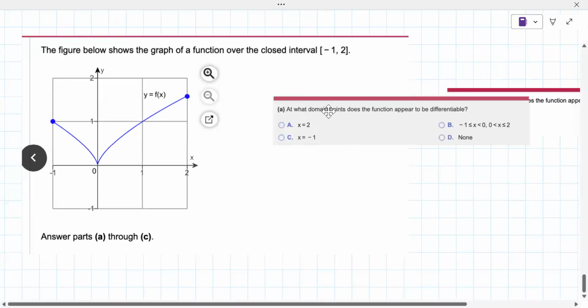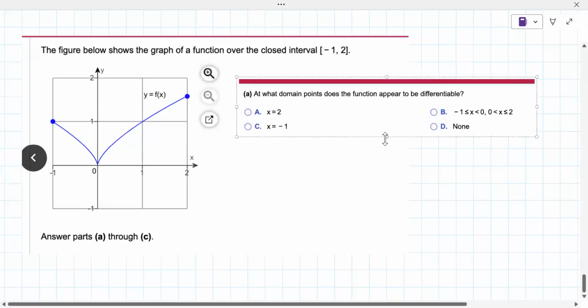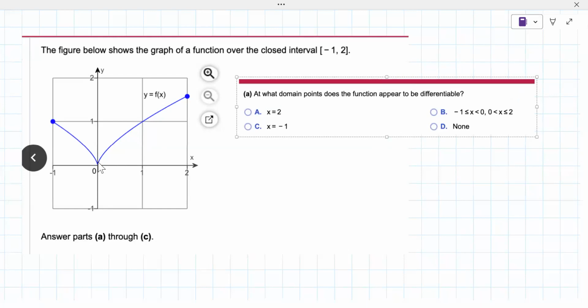It says, at what domain point does the function appear to be differentiable? So it's everywhere except this point 0. Which of these answers says everything but 0? It would be B. Good.